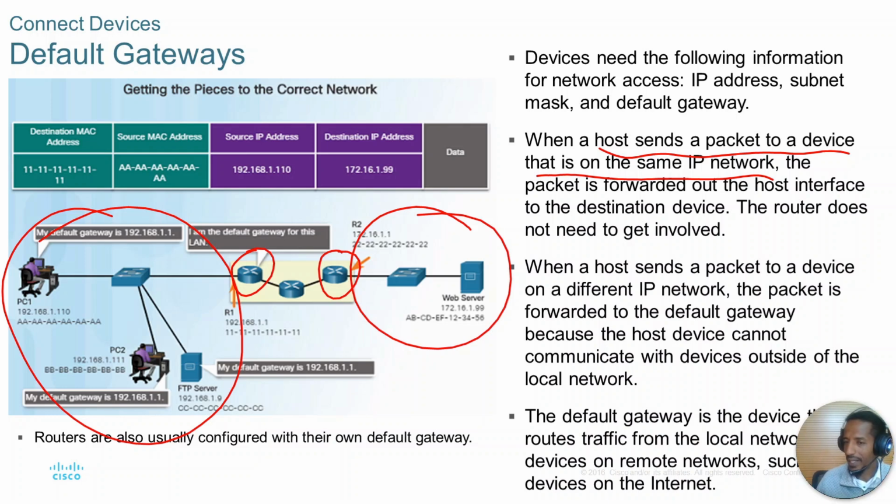So this is the mechanism by which a network communicates. Whenever you want to send a message to another network, let me emphasize, to another network, you'll use the default gateway. The default gateway is the one that sends your message to the outside world.